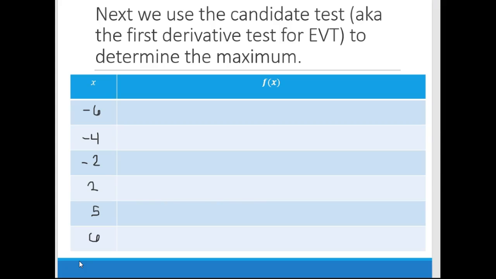And that initial condition comes into play because now to find f of -6, it's the area under the curve from -6 to 0.